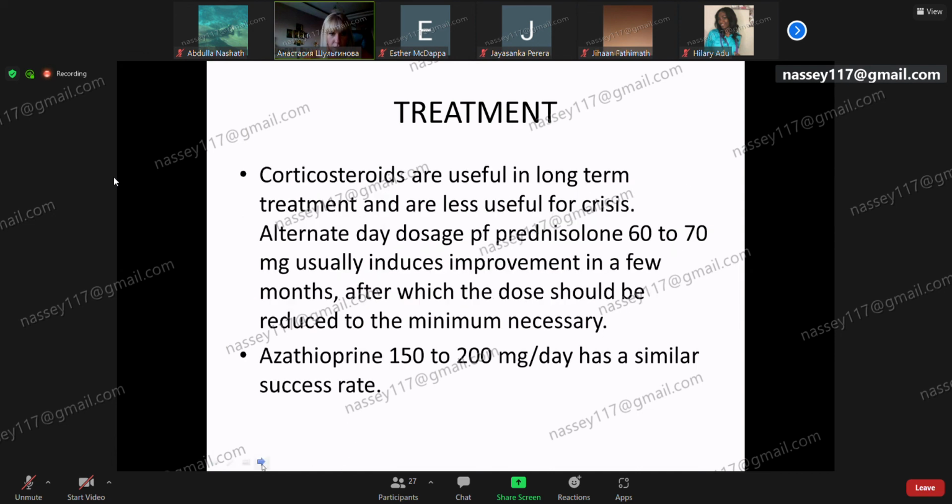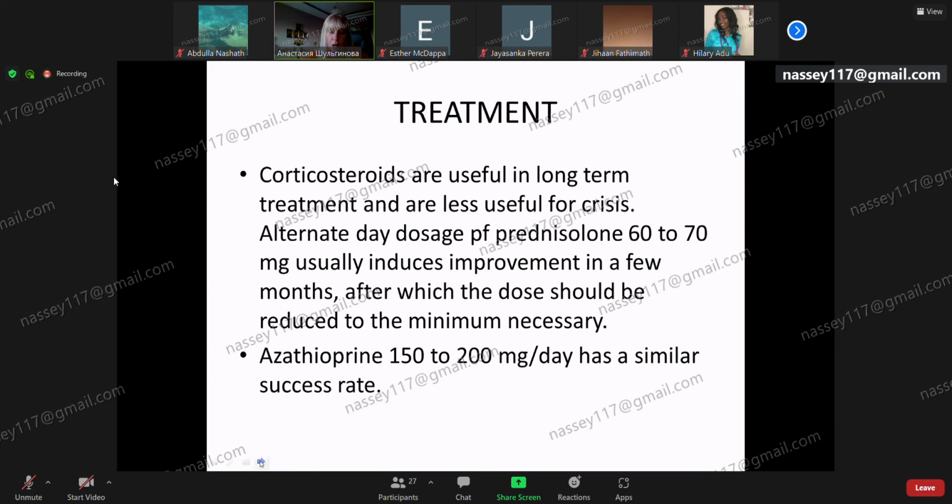Then corticosteroids. They are useful in long-term treatment and less useful for crisis. We can use azathioprine and methylprednisolone. But it is a great question for discussion, I mean corticosteroids; we need to think clearly and very carefully whether it is necessary or not. Because high doses of prednisolone, 60 to 70 milligrams, influence the level of blood pressure, heart rate, and level of glucose.